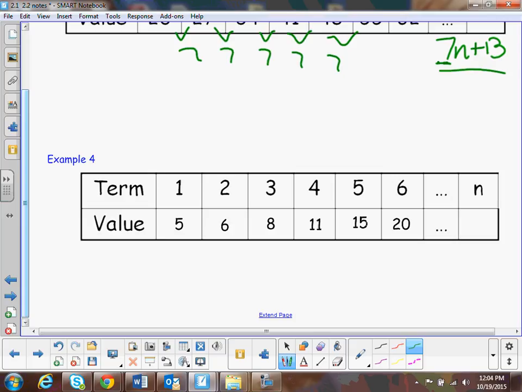If you get the equation, put your hands up. You can find the nth term. Ian, what did you get?